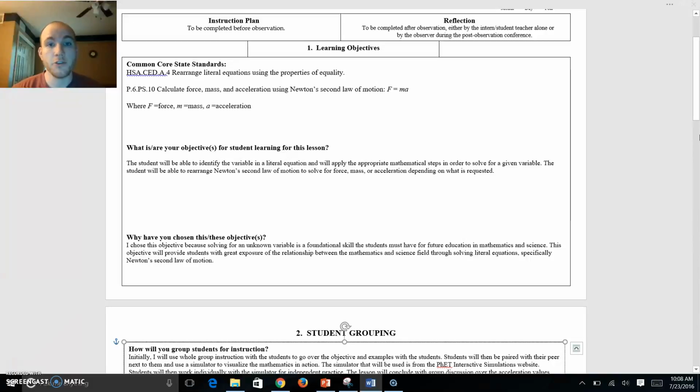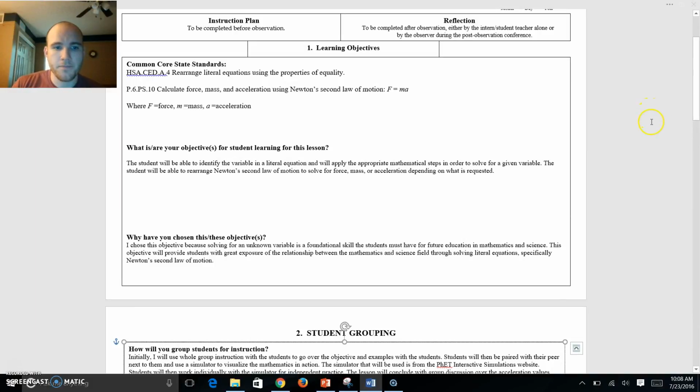Using Newton's law of motion, we can have the students solve. Say I want to have them rearrange to solve for acceleration, so they could use the knowledge over one-step equations that would have been covered leading up to this lesson, and they're able to solve for acceleration.